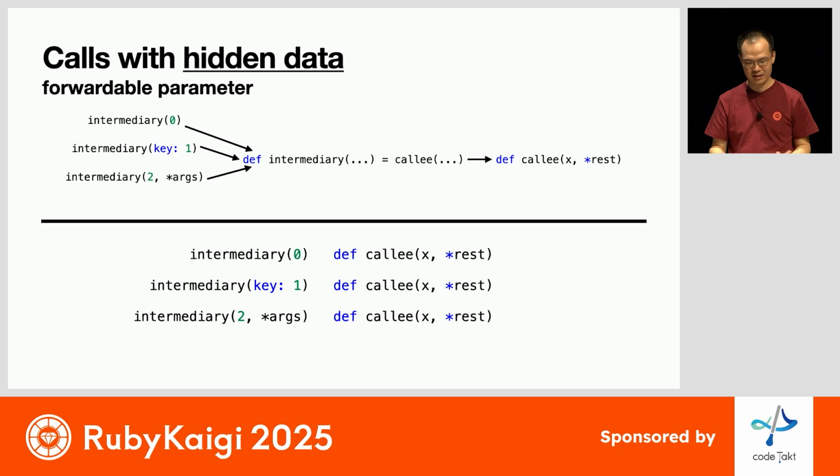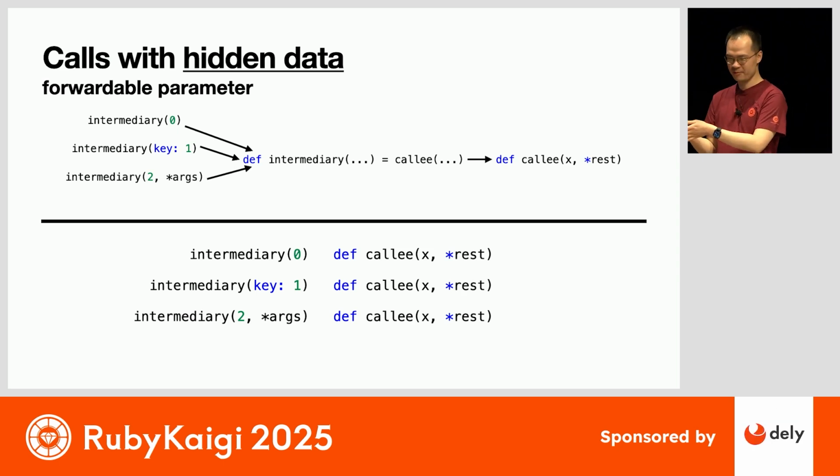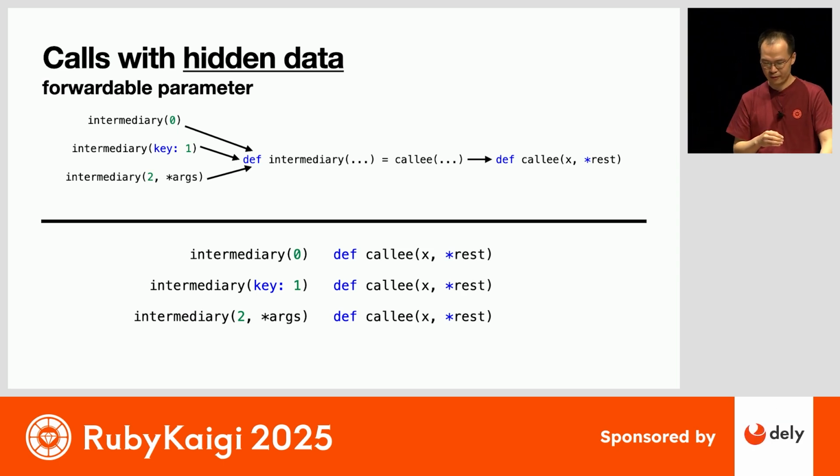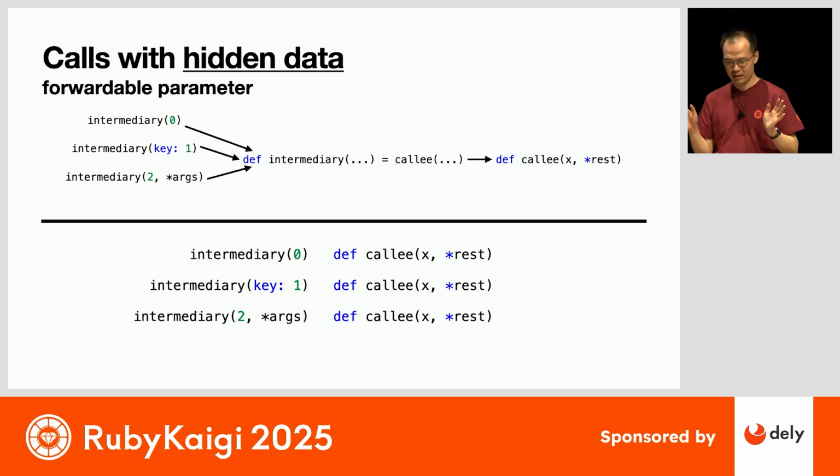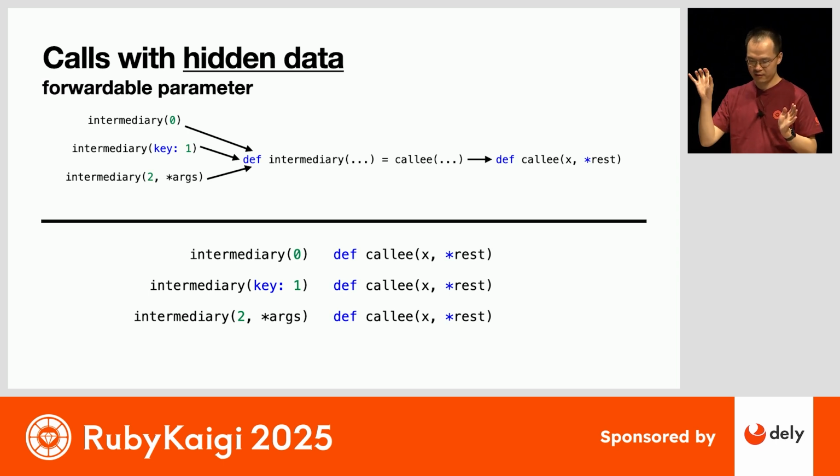Basically, you can define a parameter of a method that you are able to forward, but you don't have to use it. But if you do use it, then you're forwarding. Forwarding should preserve the arguments, so it should behave as if you didn't have the intermediary in the middle and you just called the callee directly, like in the bottom.